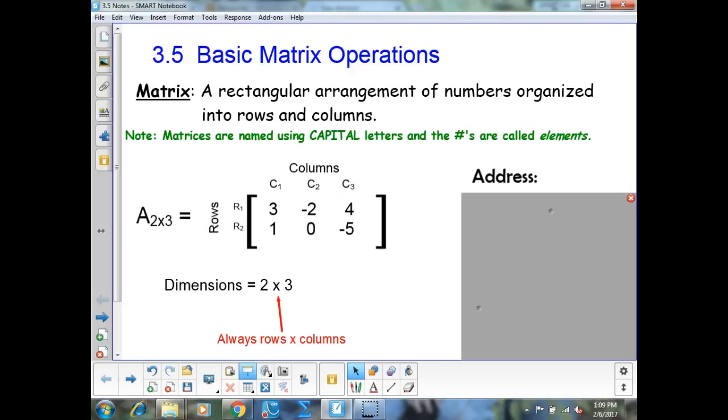I think once you see matrices in action on Friday when you're solving systems of equations, I think that will become your preferred method of solving systems of equations because it is the least labor intensive, if you will, to do. So, but in order to get there, we have to back up and do some background stuff.